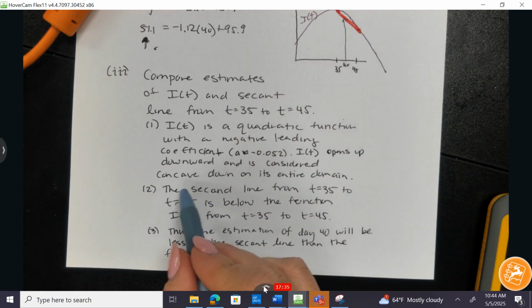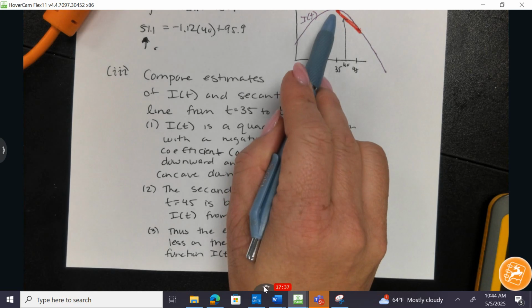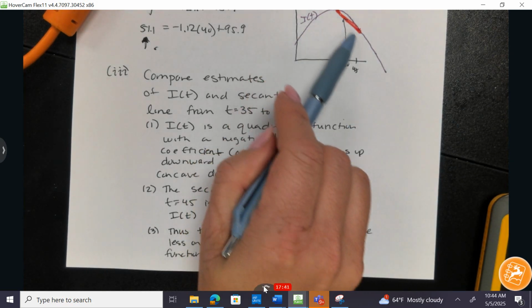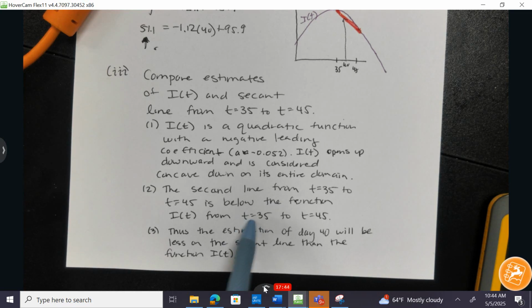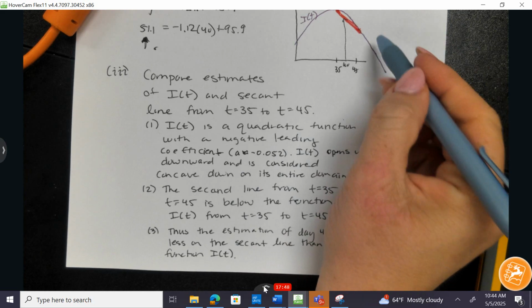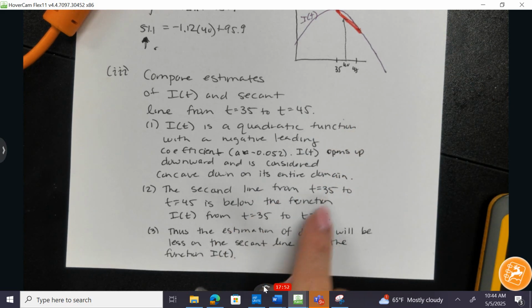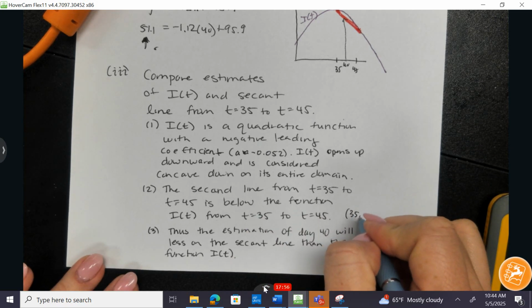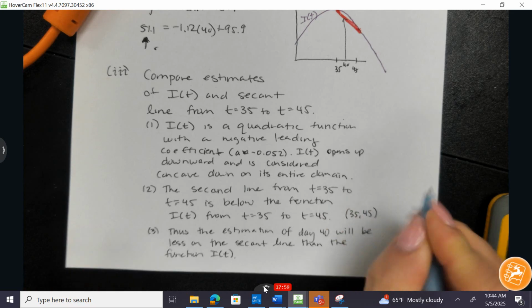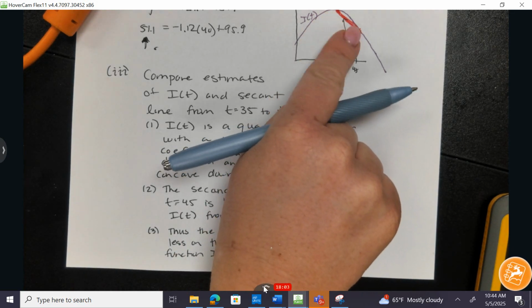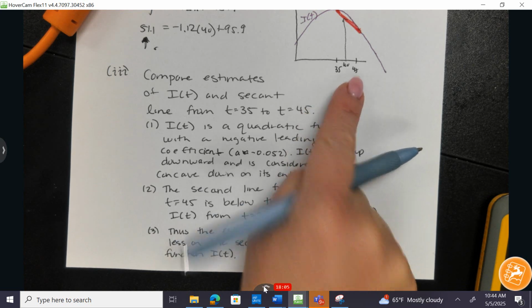The second thing is the secant line from t equals 35 to t equals 45 is below the quadratic function from t equals 35 to t equals 45. We do want to say specifically where it is below, because if you can see that here, it will eventually be above. So specifically from this interval, 35 to 45, the secant line is below, and the secant line represents output values when t equals 35 to t equals 45.